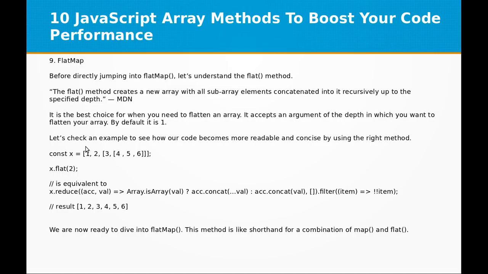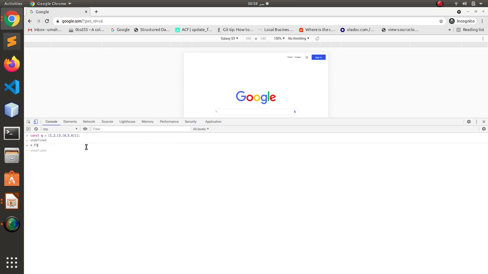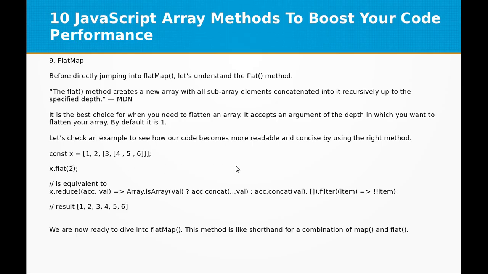So our array is Q. Now if I say q.flat, it returned the whole array and merged all three arrays into one. It is equivalent to using reduce as well, with accumulator, value, and array concat.